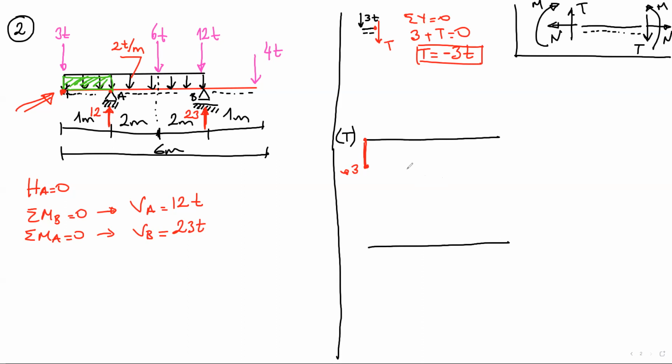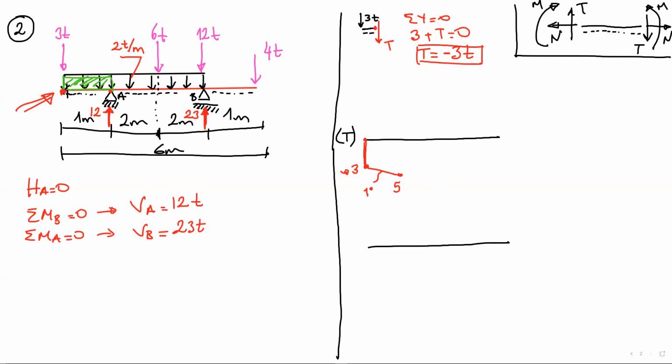That gives us minus 5. Okay, minus 5. How will I connect these 2 points? Since there is a uniform distributed load, I'm going to connect these points with a line. This is first degree.